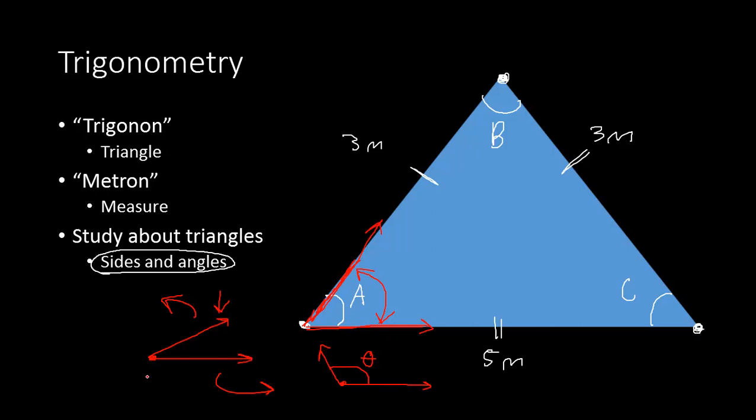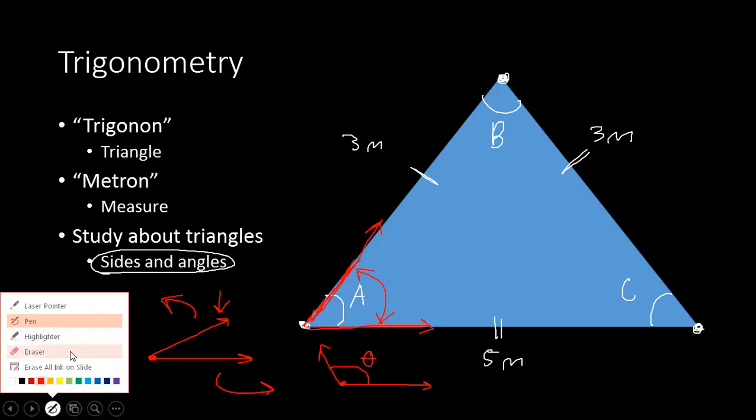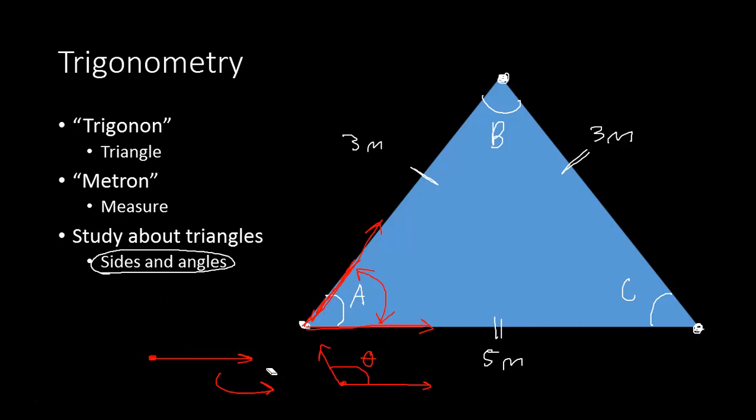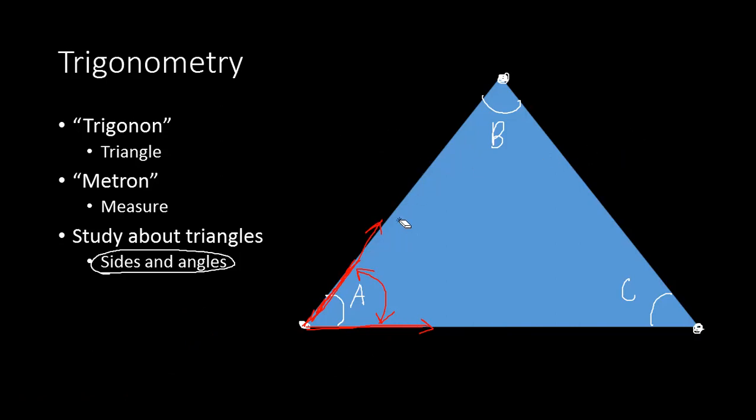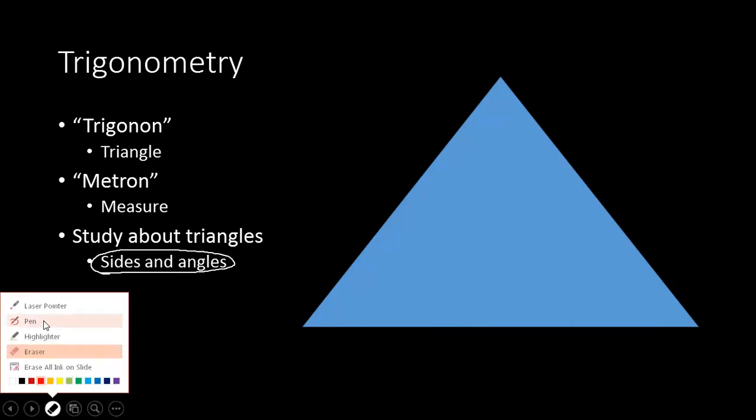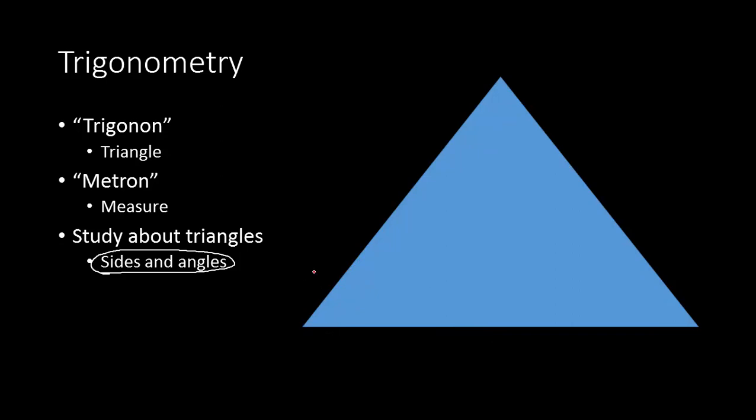So now let's talk about its relationship. You see, when sides are given, we can find the missing side of a triangle. And it's the same for angles. There's also a possibility that if we have given sides, we can find the missing angle.